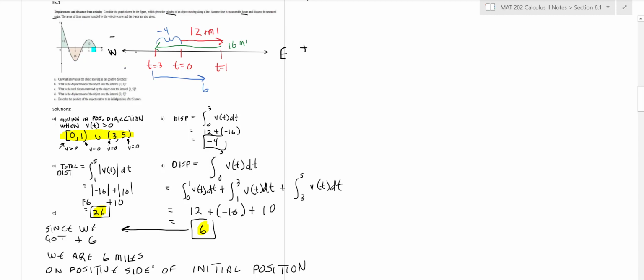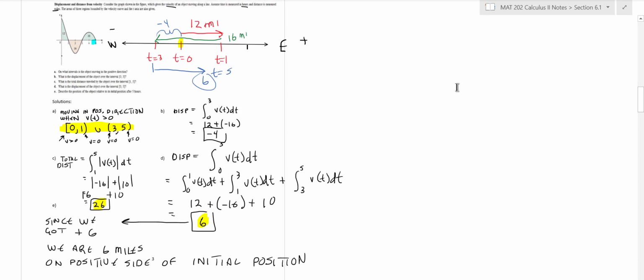Okay, so just think about that. You went right 12, left 16. So now you have a negative 4 displacement, and then negative 4 plus that 10 gives you 6. So when you get to time equals 5 seconds, you're actually just 6 to the right of where you started. Okay, and you started here. All right, so that's just a way to represent straight line motion like you're walking on a sidewalk or something.